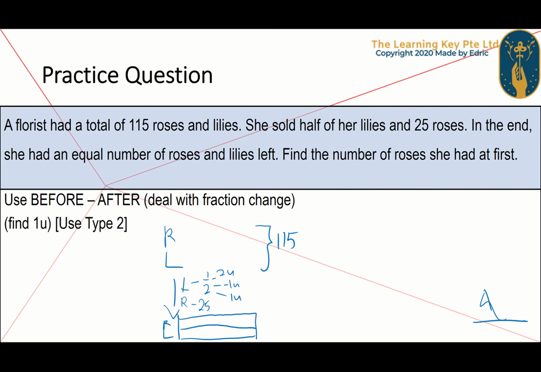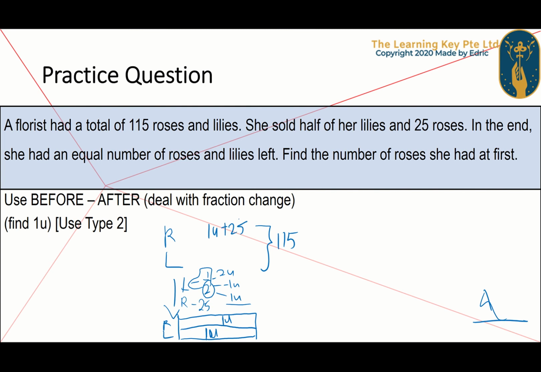Okay, so what is this? Before, he had 2 units, but he subtracted 1 unit. So in the end, he's left with 1 unit. So I can say that L left 1 unit. And this is the same, so I can also say E as 1 unit. So I can say the top part is 1 unit plus 25.